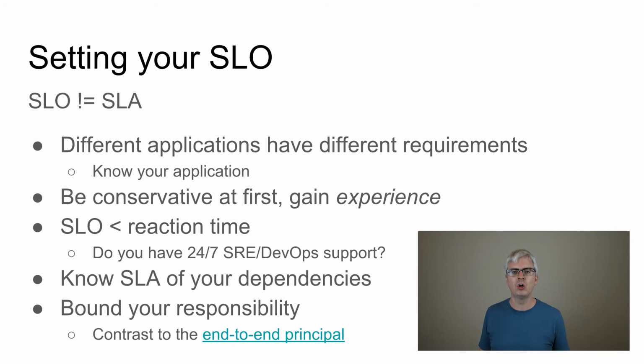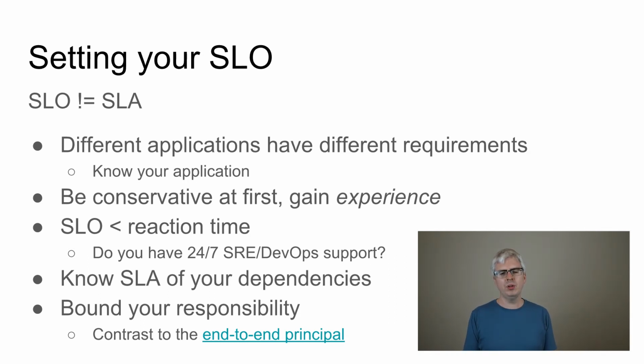And Murphy's Law really does apply when you're talking about uptime. And so you should be conservative. You should take your best guess and then say, oh, I'll knock a 9 off of that, or I'll reduce that and make that less aggressive, because you're going to be wrong as you figure out all the things that possibly can go wrong. As you gain experience, you can then tighten your SLO and make it more aggressive.